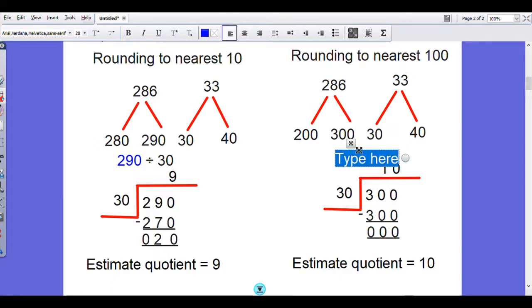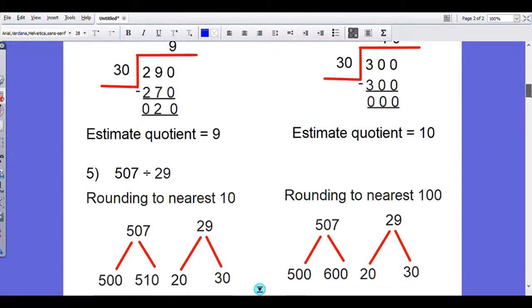So your division will become 300 divided by 30. 30 times 10 is 300, so the estimate quotient is 10.